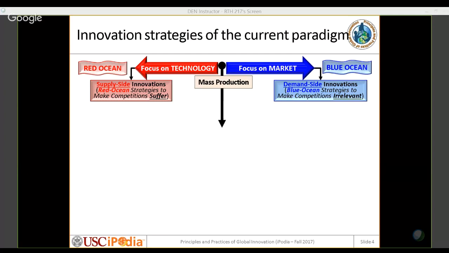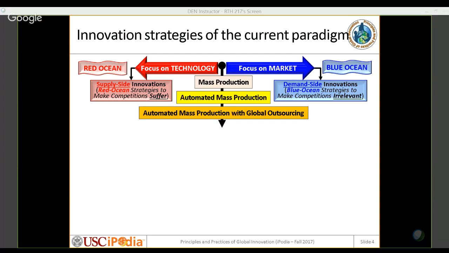Okay. So the current paradigm basically has 3 foundations. One is mass production. Remember we talked about that this mass production model has been the foundation of producing products which can be very competitive in terms of price. But mass production also has a problem because mass production has to be based on a lot of preconditions. The first one is all the products should be standardized.